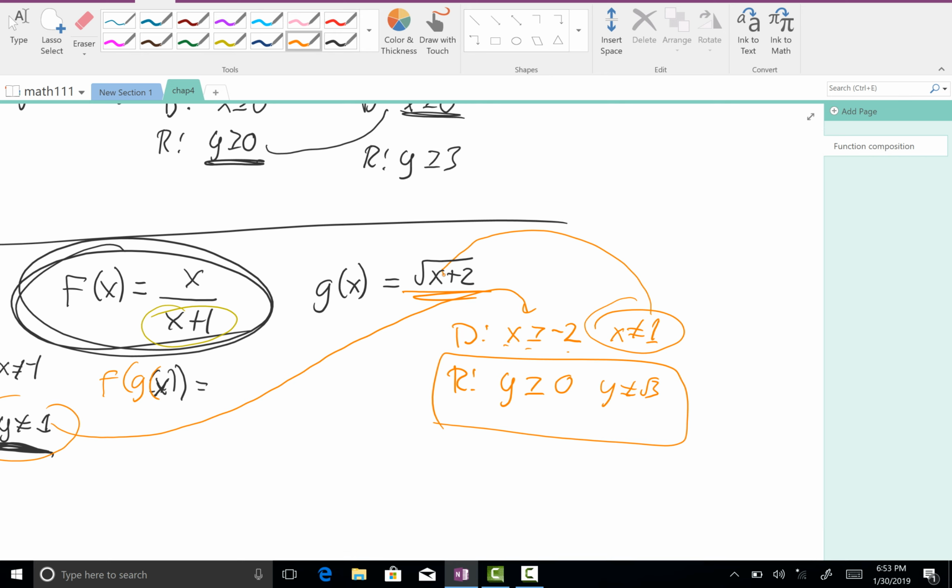So if 1 isn't in the domain, then I can't get the square root of 3 for a range. But Desmos isn't going to show you that when you graph it because it does pixels to the graph, so it connects pixels, and you won't see it. You're never going to get to the square root of 3 on there if you play with it enough. So it won't show you that.